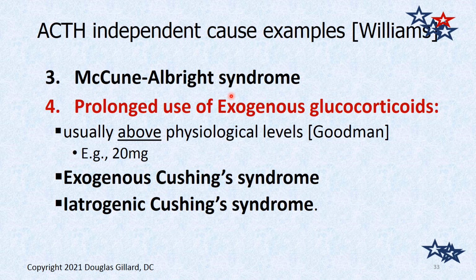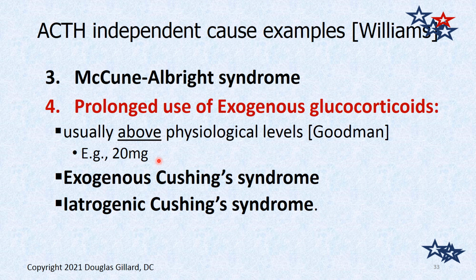There are some other really rare causes, like McCune-Albright syndrome. We won't get into the mechanism. But the big one here is exogenous Cushing syndrome, or the prolonged use of exogenous glucocorticoids, usually above physiological levels. Like 20 milligrams is a common dose. And people who have been on that for a couple years can start getting a little cushiony looking. They get the moon face.